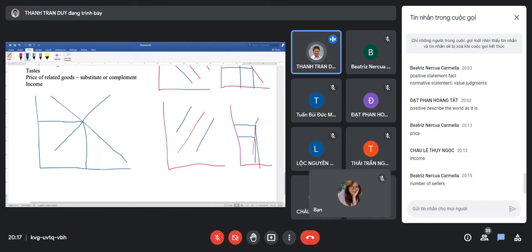So what kind of statement is it? Anyone tell me? Positive or negative?